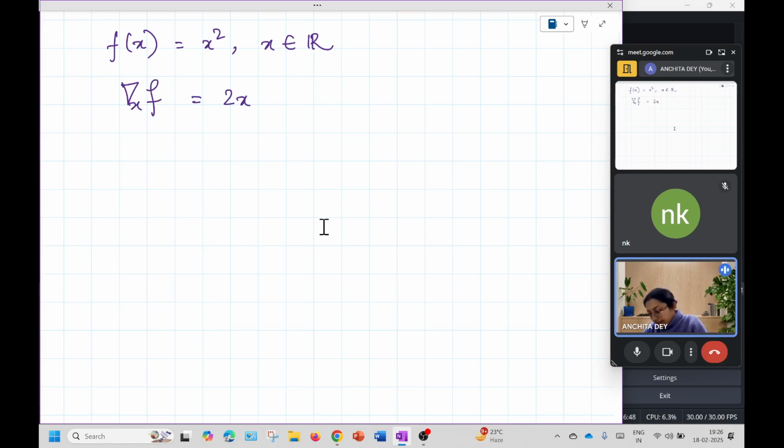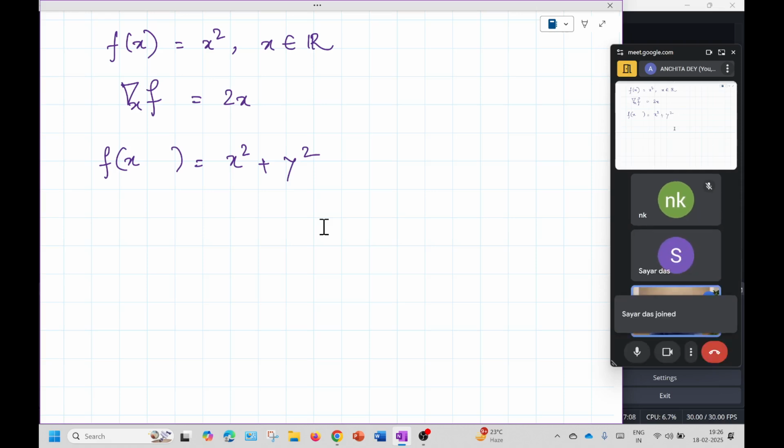Now what if f is a function of two variables? Again, I'll just take the simple one. I've made a small mistake. It should be f of x comma y is equal to x squared plus y squared.